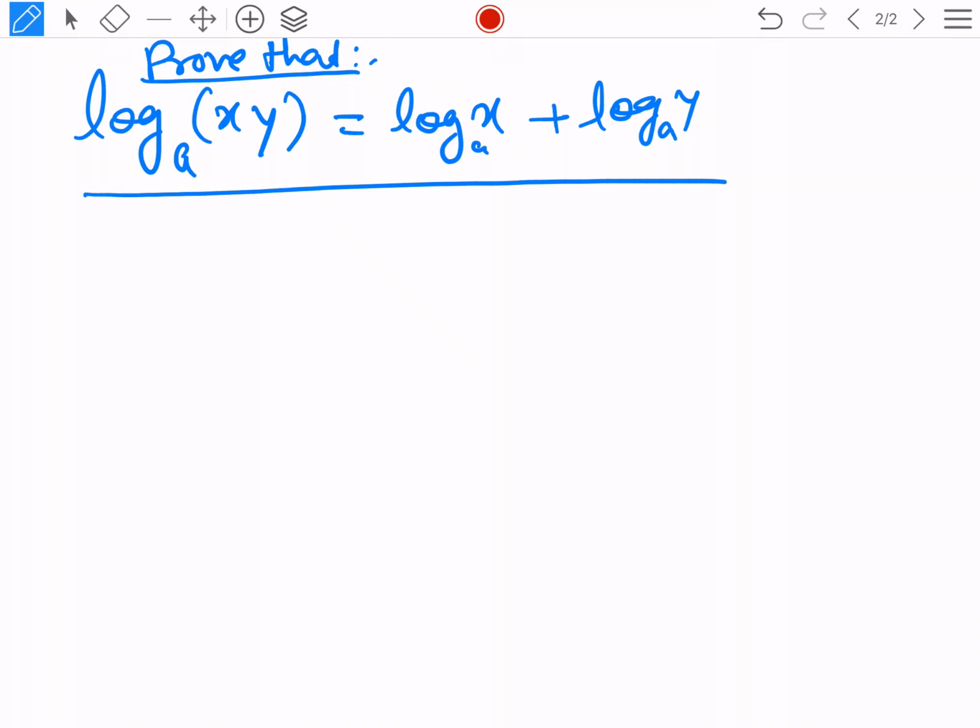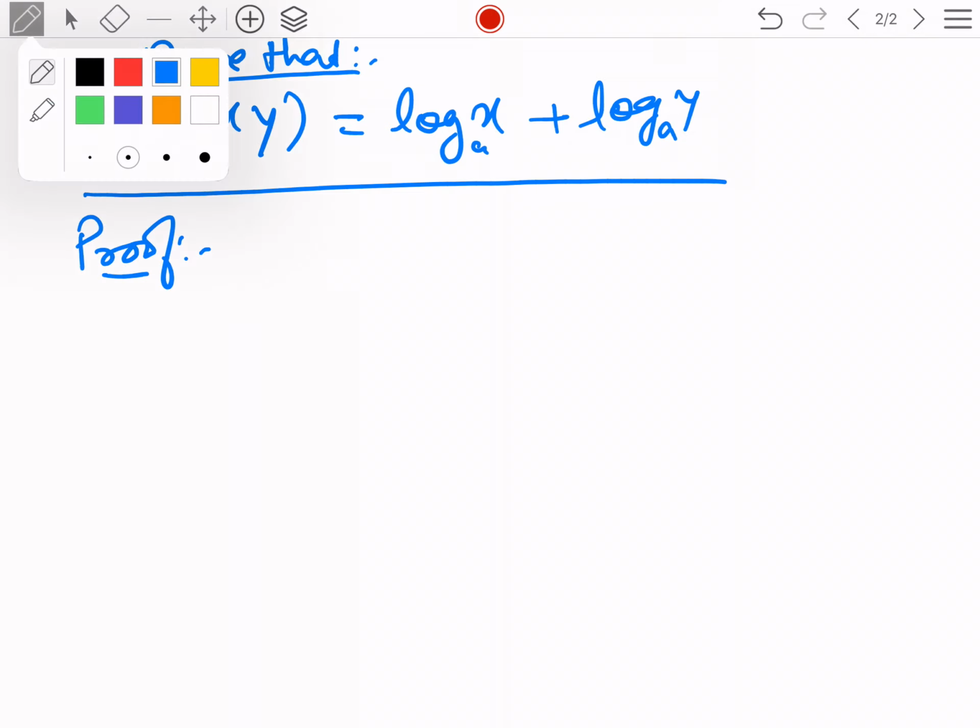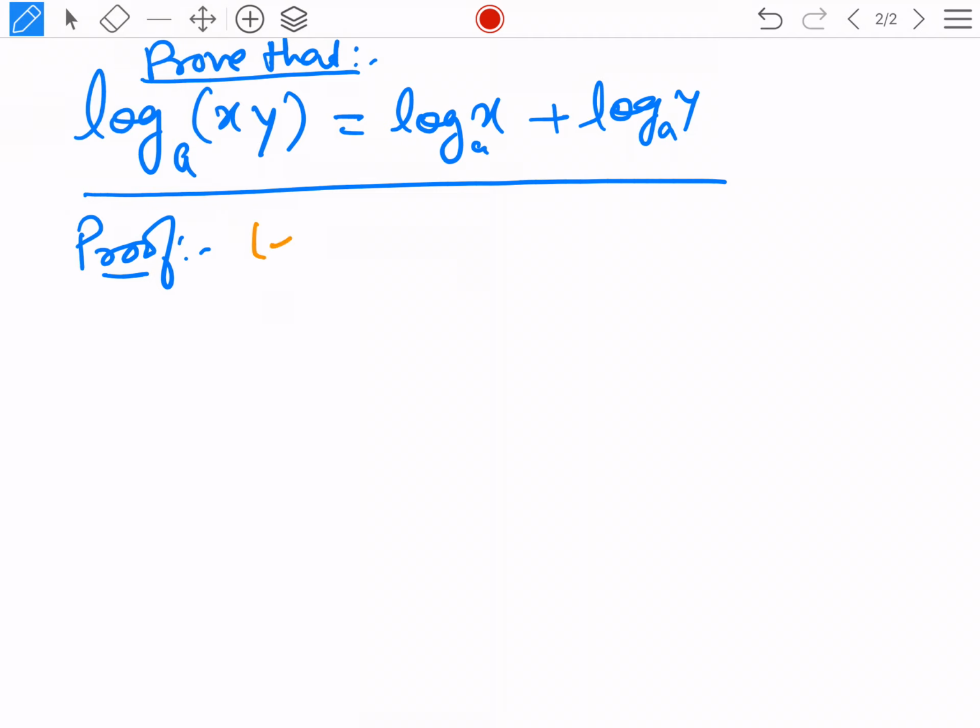In the proof of this rule, let log of x base a be equal to capital A and log of y base a be equal to capital B.